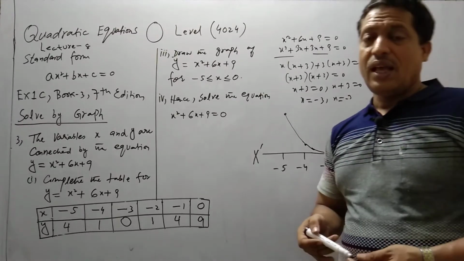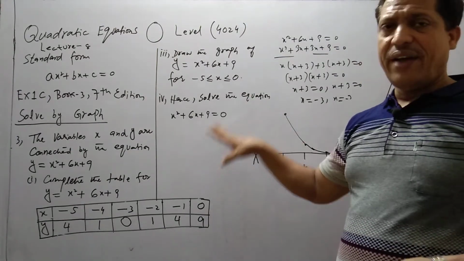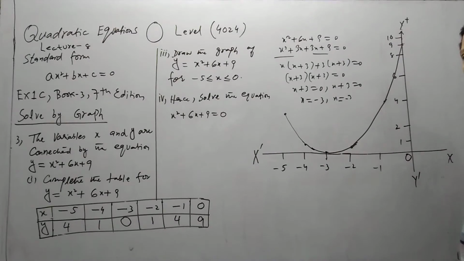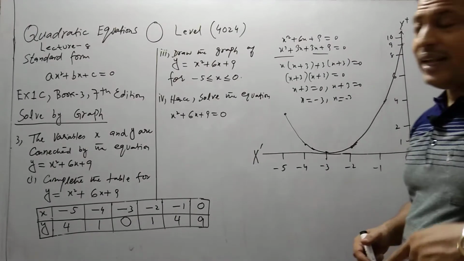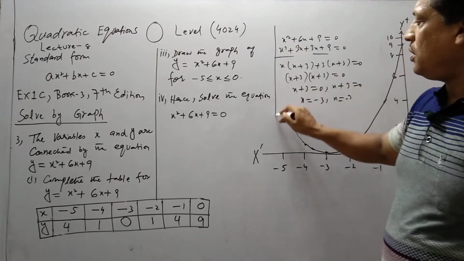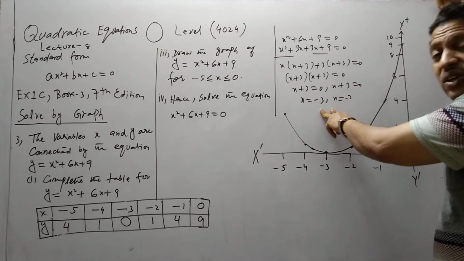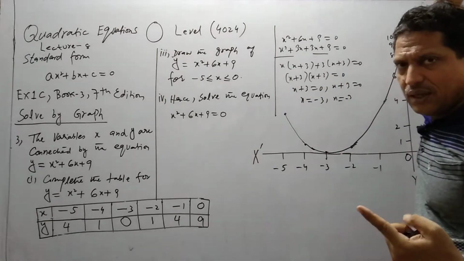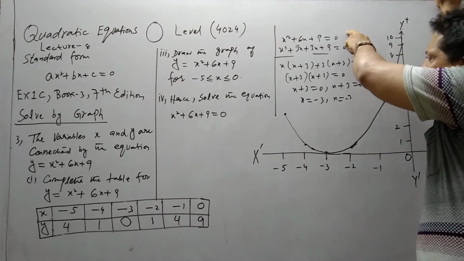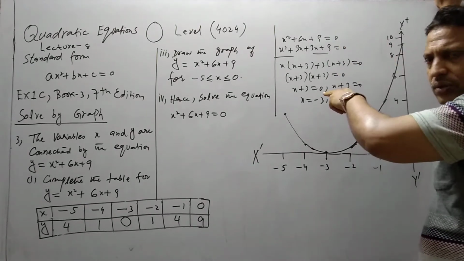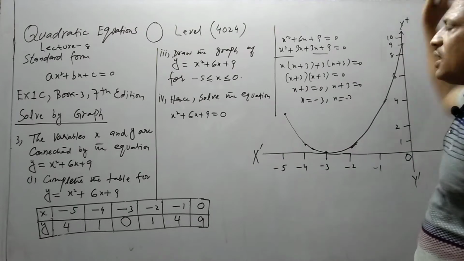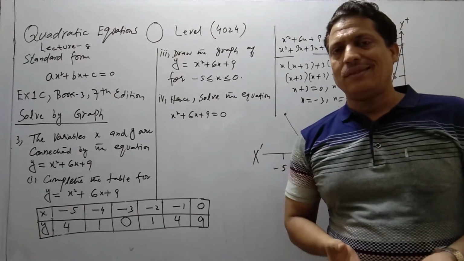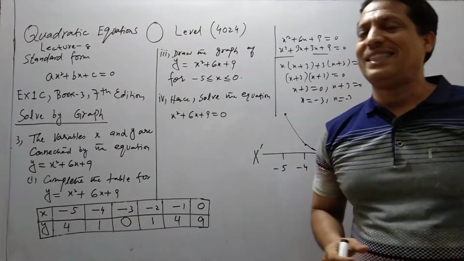But in this case, we have to solve this equation with the help of a graph. What is the original question? You know, student, this is the method of factorization. This method is not required. Why do I do it in this case? Just to show you that if you change the method, the answer doesn't change.